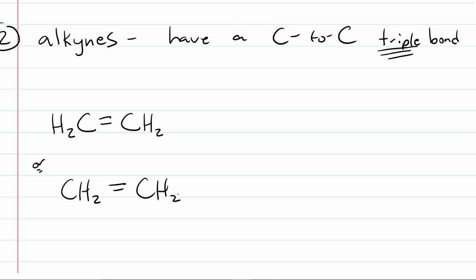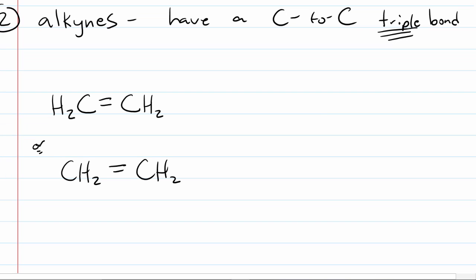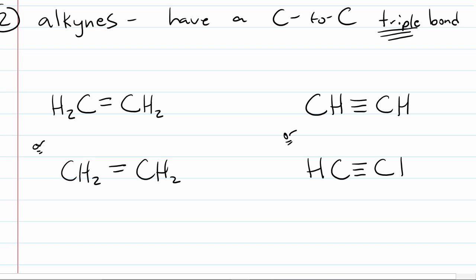If we were to show this one here, we could show CH triple bond CH, or how could we write it the other way, do you think? Right, HC triple bond CH. And so either way, again, your author likes to reverse them like this, but you will see them if you read through stuff on the internet.